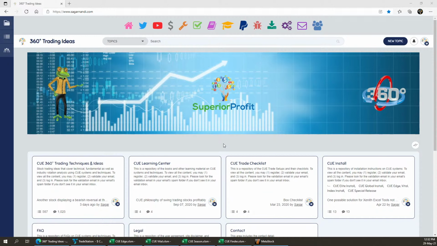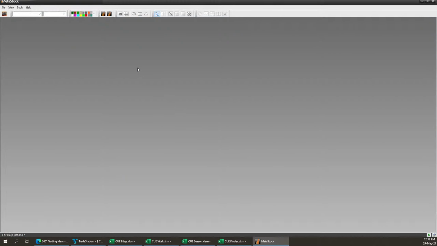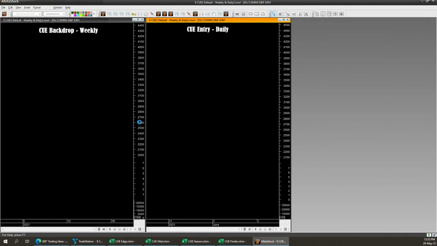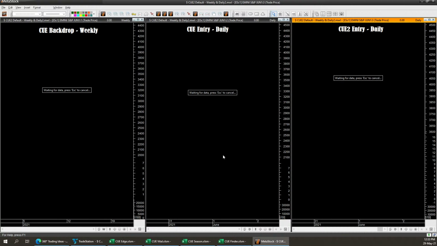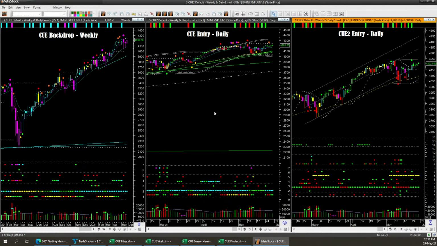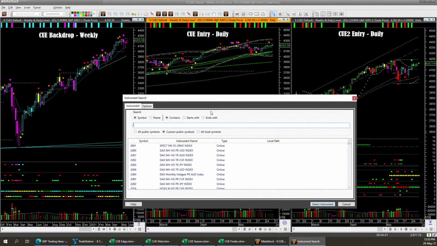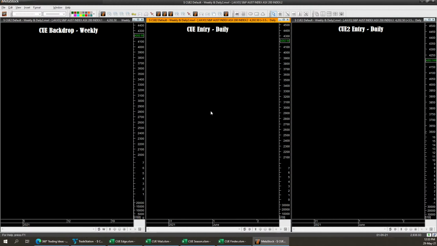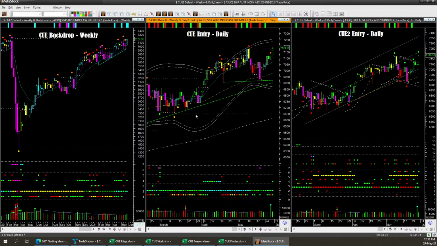Let's start with global market analysis. Okay, why don't we start with the integrated system? Let's start with the XJO, Global Market Australian Index AXJO.